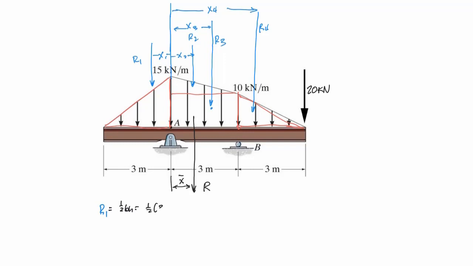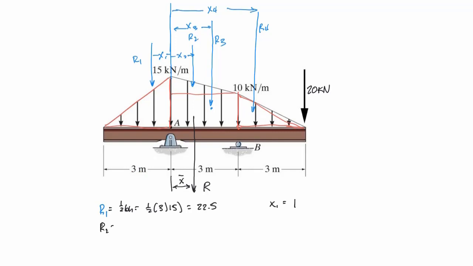So 1/2 times 3 times 15 is equal to 22.5. Now x1, because this is a triangle, the centroid will be out in here someplace, and that's the distance through which that resultant acts. It'll be 2/3 from that side, 1/3 from this side. So if we're looking from this distance here, it'd be 1/3 of 3. So x1 is equal to 1.